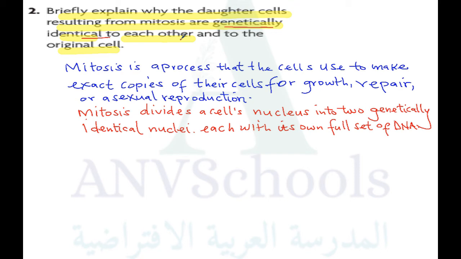Before cell division, all the other organelles are also duplicated to form a copy of each of them before the cell actually begins to divide. So let's go to the next question.